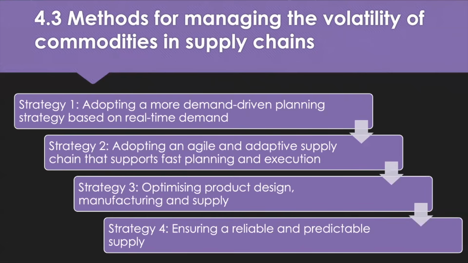So the first one is adopting a more demand-driven planning strategy based on real-time demand. So here you'll be trying to predict in order to come up with the right contingency planning for your supply chain commodity, and that's because you can see a whole view of the volatility of your commodities. The second strategy is adopting an agile and adaptive supply, supporting fast execution.